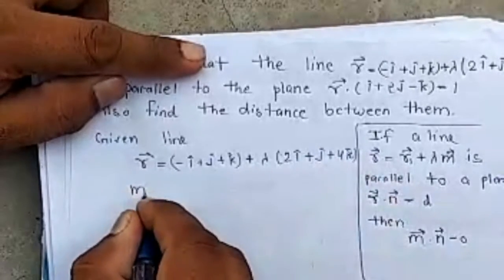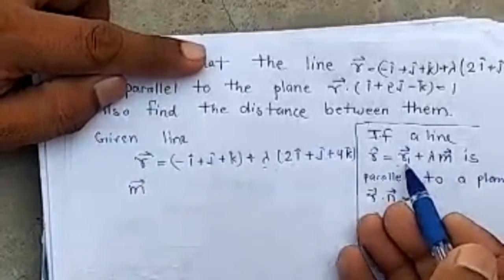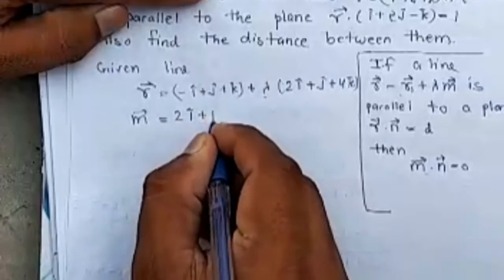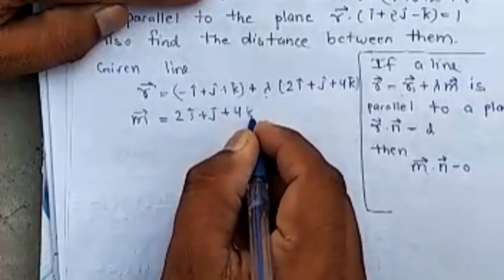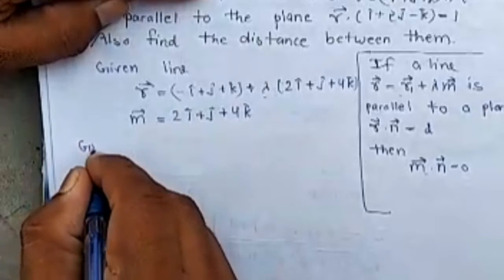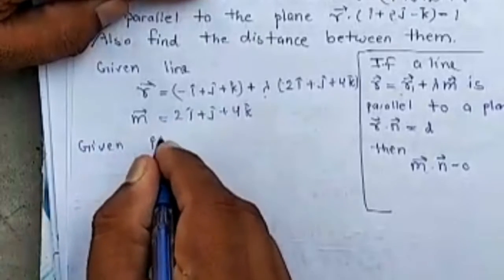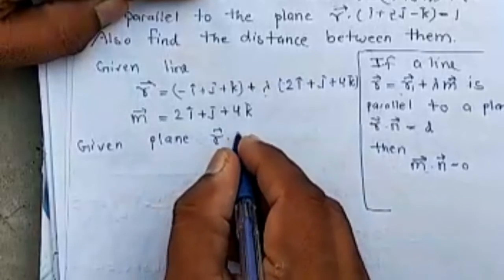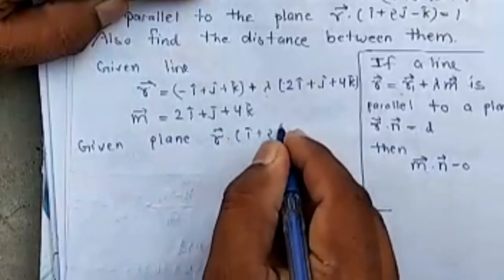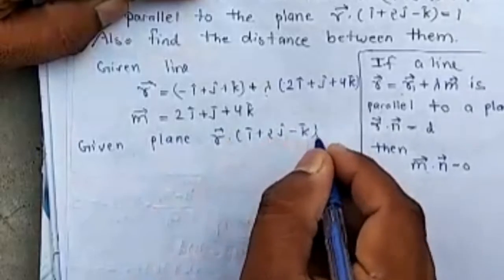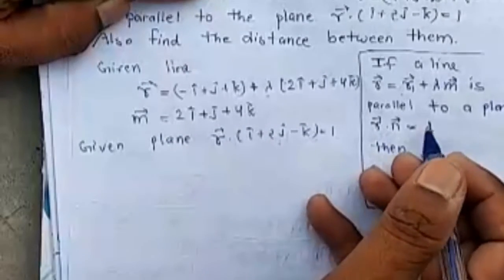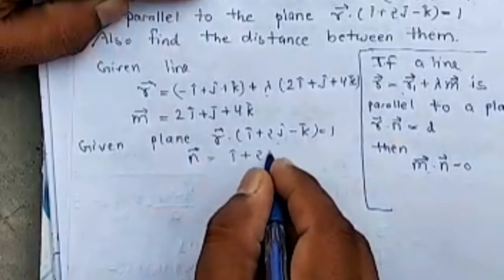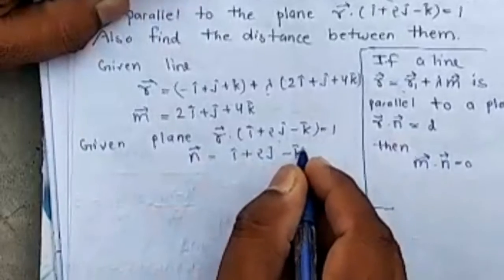Then m vector, comparing with r1 plus lambda m vector, is 2 i cap plus j cap plus 4 k cap. Given plane r vector dot (i cap plus 2 j cap minus k cap), comparing with r vector dot n vector equal d, we get n vector equal i cap plus 2 j cap minus k cap.